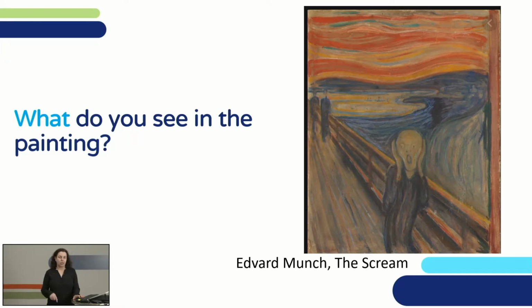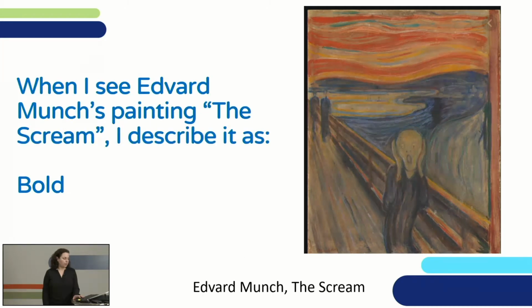It's not a picture, it's a painting. There is a difference. A painting is painted with a brush and colors. A picture is taken with a camera. So this is a painting by Edvard Munch. When I see Edvard Munch's The Scream, I describe it as bold. It's a little scary to look at this character. He's screaming.